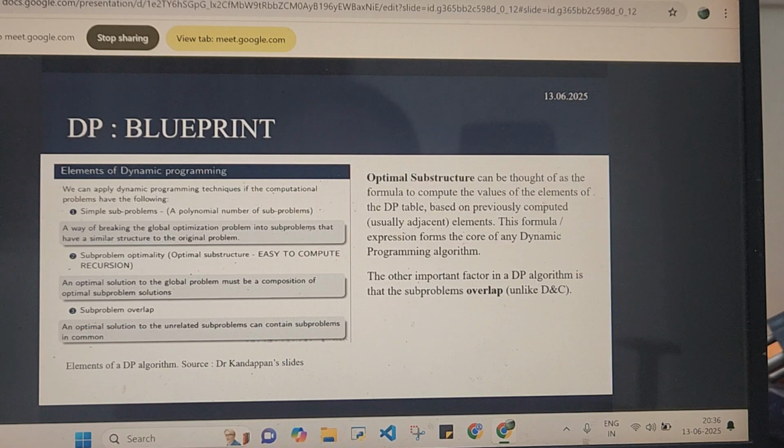Point number 2, optimal substructure, is the single biggest stumbling block in all of dynamic programming. Optimal substructure, in very simple words, is just a formula which will help you solve the problem for size n, depending on the solutions of n minus 1, n minus 2, n minus 3, and so on. I told you the solution to a problem of size n depends on the solutions for n minus 1, n minus 2, and so on, right?